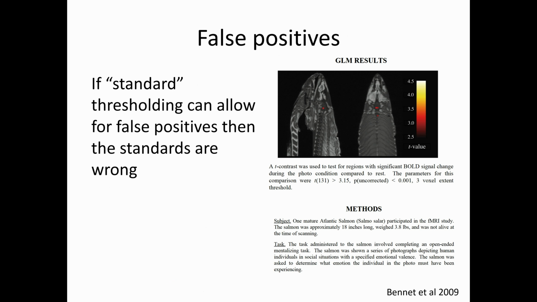And there was also the observation, and this is just sort of a cute example of how even if you do some level of voxel correction, this was the scanning of a salmon, Atlantic mature salmon, 18 inches long, in the scan, and they were doing a mentalization task.